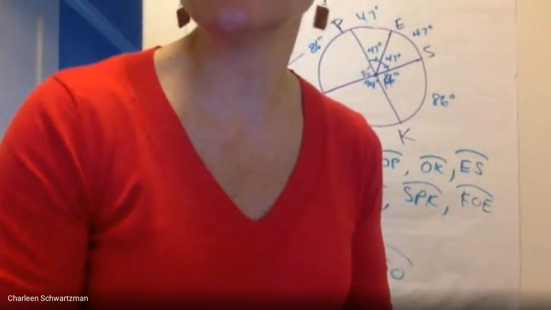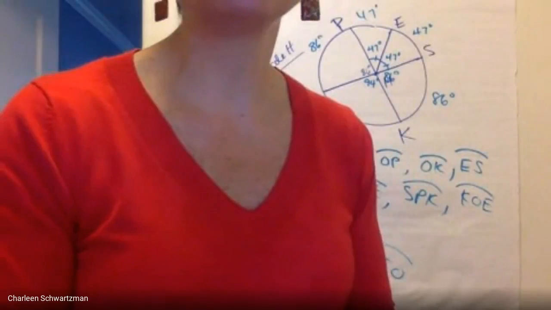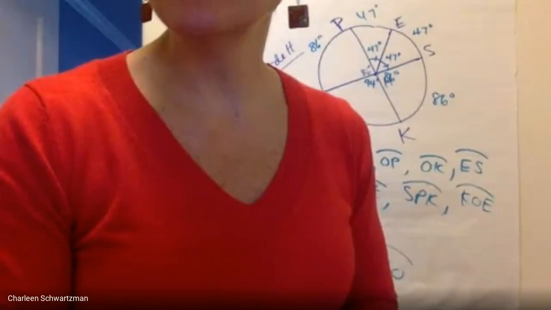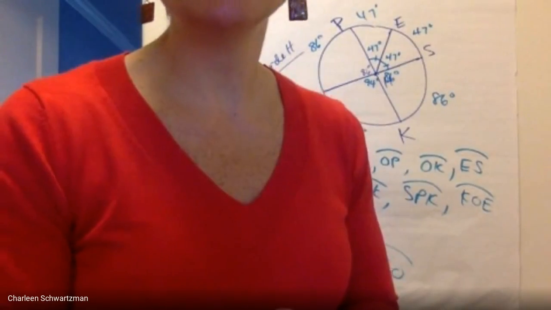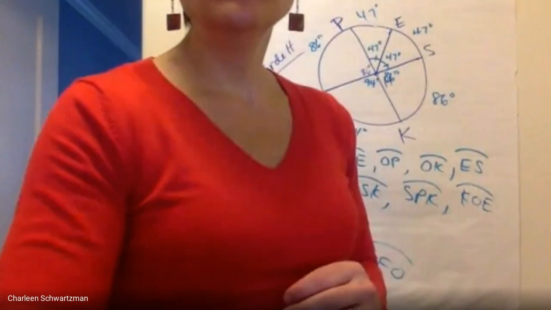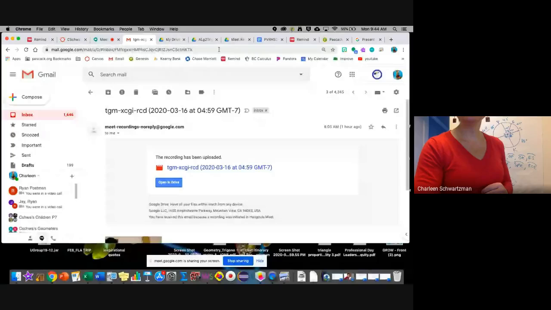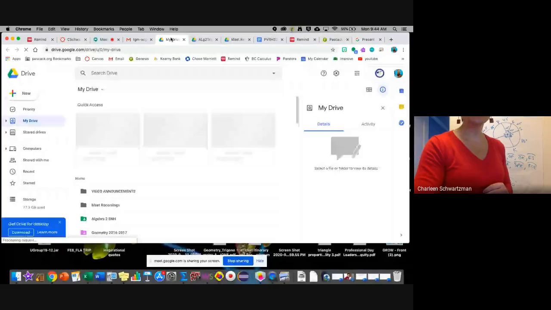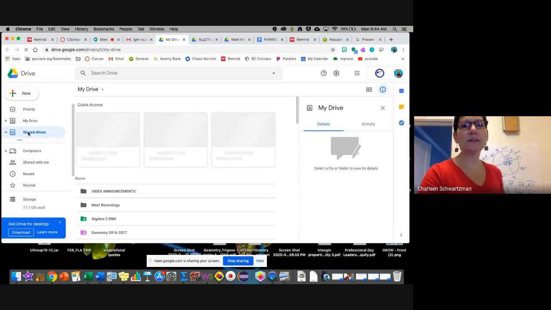So what I can do is show you this. Let me go back to present. If I go into my Google Drive, and in my shared drives, I'm just waiting for this to load.